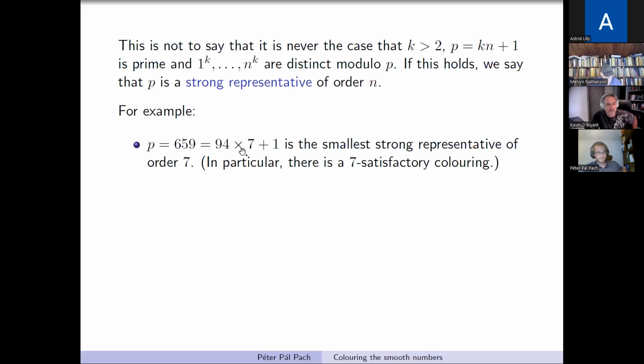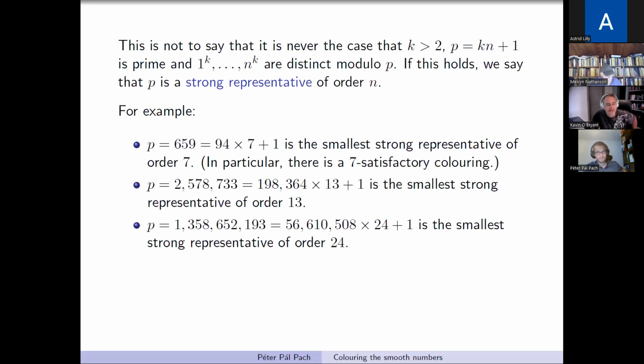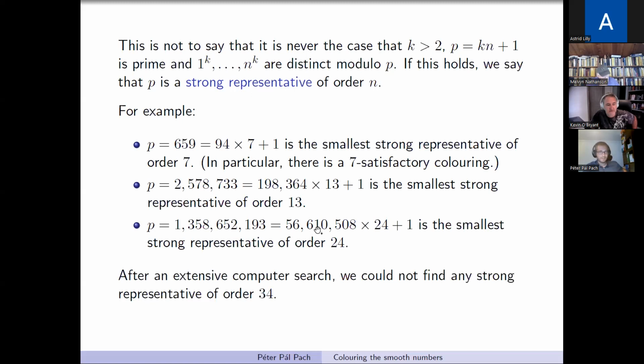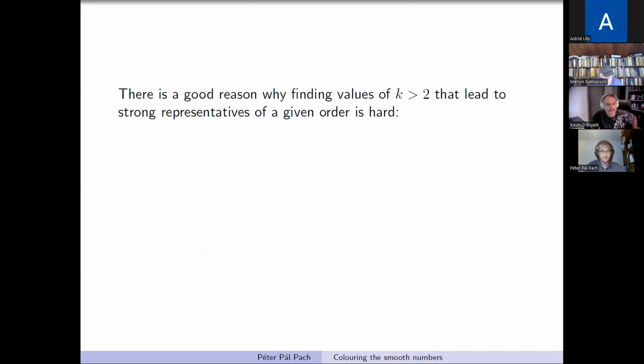So for instance, there is an unsatisfactory coloring for n=7 using the prime 659, and there are also some other examples. For instance, 24 was not yet covered by the previous results. So in certain cases, these strong representatives do exist, but they are rare.